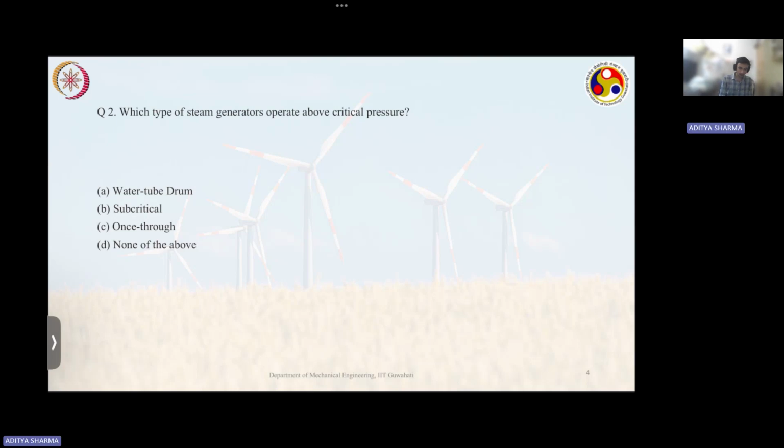The question asks about steam generators working above your critical pressure.